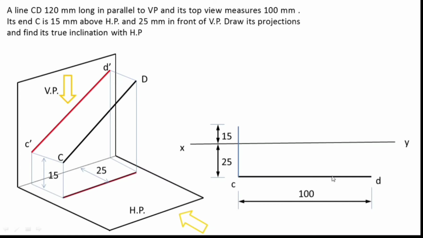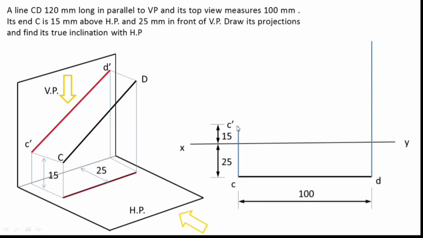Now I am coming to the front view. I know that the length of the line is 120 mm in its front view. So I need to draw a perpendicular in the upward direction. This end is C dash, so I draw a perpendicular in the upward direction. But we don't know the length initially. So how are we going to find the end D dash? On C dash I put the compass needle, because the length of the line is 120 mm and its true length is visible in the front view.